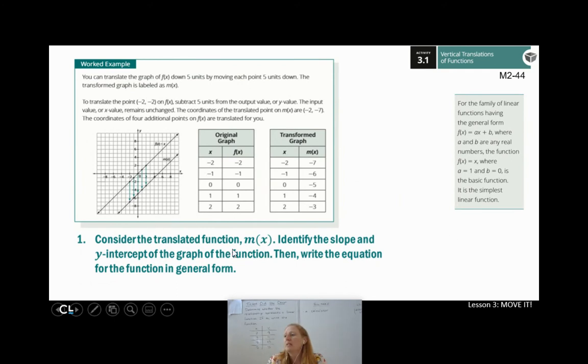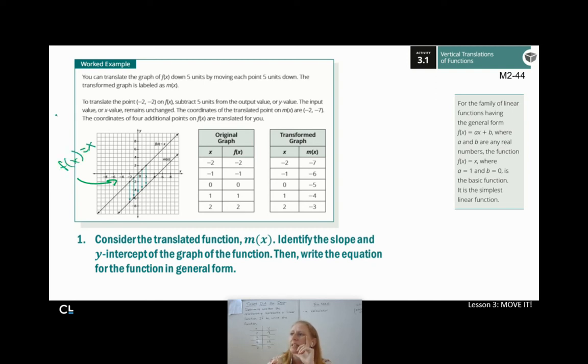So consider the translated function m of x that we have here. Can you just take a moment to identify the slope and the y-intercept of the graph of the function? Because of course we said this is the original, right? This guy right here is f of x equals x.